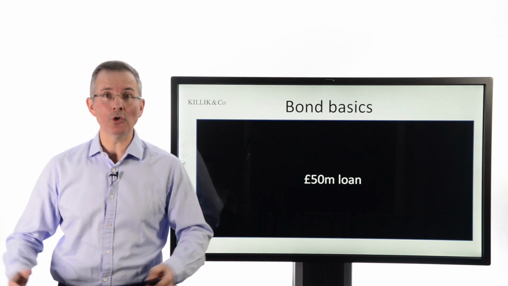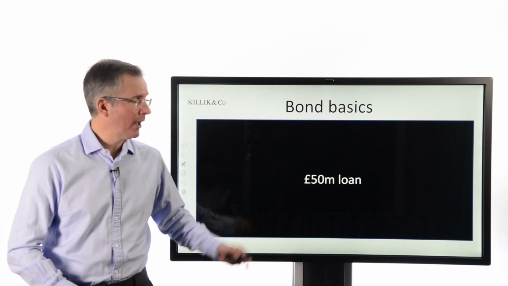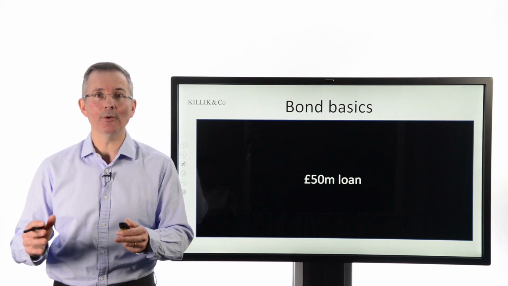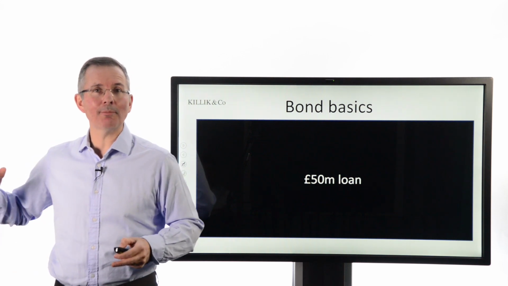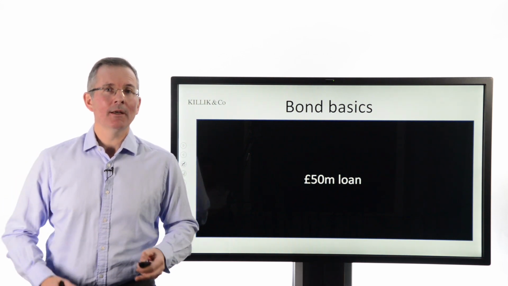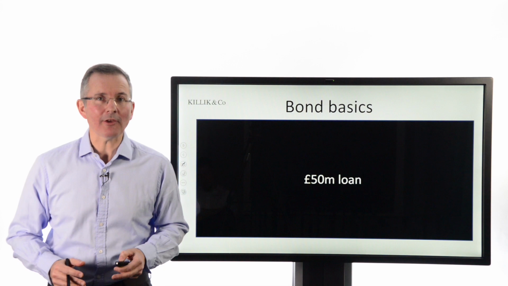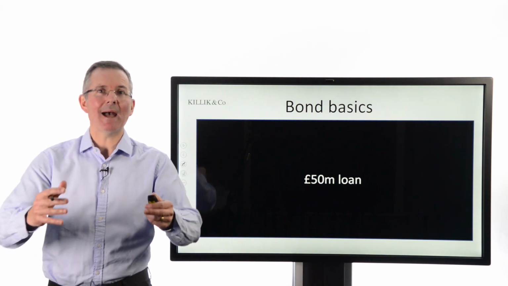Imagine you're a company, you could raise from external sources £50 million by way of a loan. Now bonds are similar to loans, just as a reminder. Investors basically hand over money, they receive a coupon over a fixed period of time and they get money back at the end.